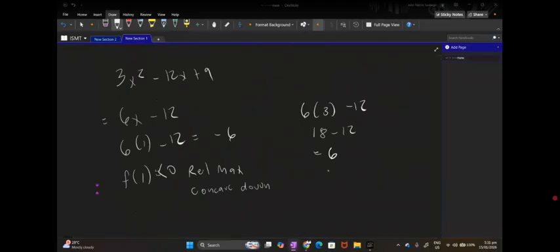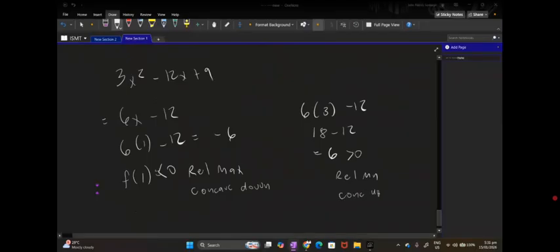Ito naman, it's greater than 0, so it's relative minimum, and it's concave upwards. Now, how do we get the point of inflection? Sige, mamaya na pala. Ayan. So, let's check if tama ba.